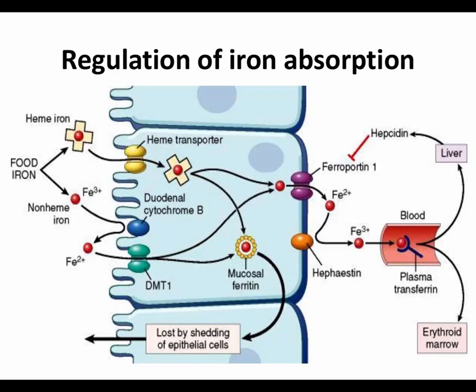So you have an enzyme here, hephaestin, that oxidizes the iron to Fe3+. And when it oxidizes the iron, that iron can bind to the transferrin. That's when the transferrin is able to carry the iron where it's supposed to go. Primarily, 75% of the iron goes to the bone marrow for red blood cell production. Okay?